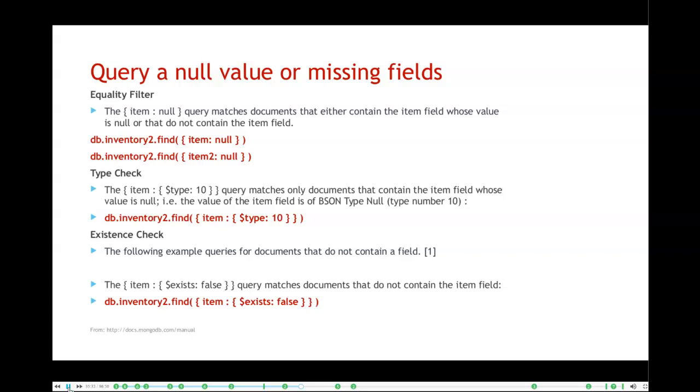What happens if we want to find a null value? Let's see what we have. In order to query a null value or a missing field, we have two things.